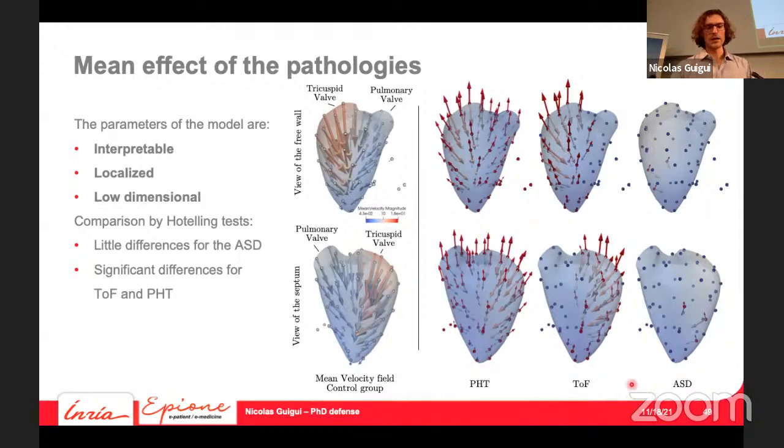And as you can see, we find little difference for the ASD group, which corroborates previous knowledge. And we find significant differences for the pulmonary hypertension and tetralogy of Fallot groups. But for the PH group, they are more distributed across the whole shape, while for the TOF group, they are more concentrated around the tricuspid valve.